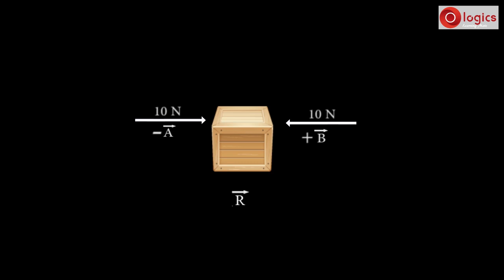Therefore, the resultant R bar equals A bar plus B bar, which equals minus 10 Newton plus 10 Newton equals 0 Newton. Vector addition is not just algebraic addition, because we have to consider its direction also.